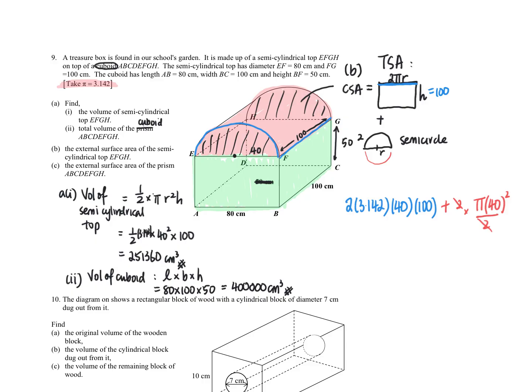Okay, 2 semicircles joined together is basically 1 full circle. Okay, so go and add in the calculation. Sorry, this is 3.142. Okay, so this is part B's answer for total surface area.